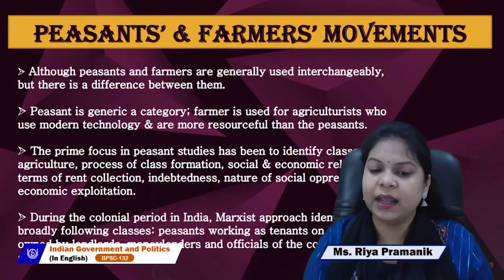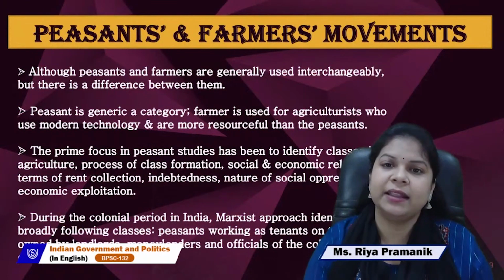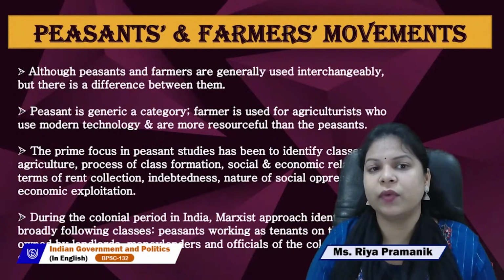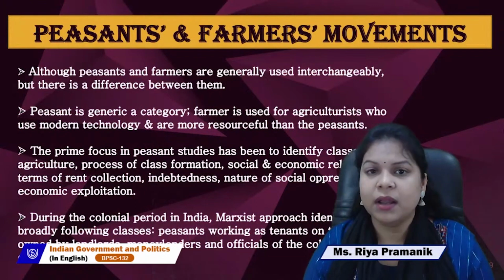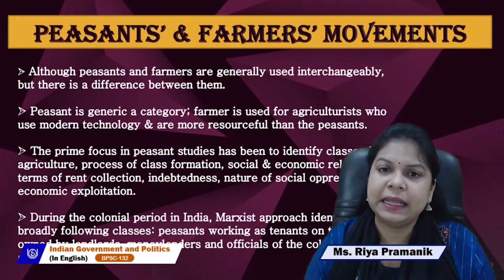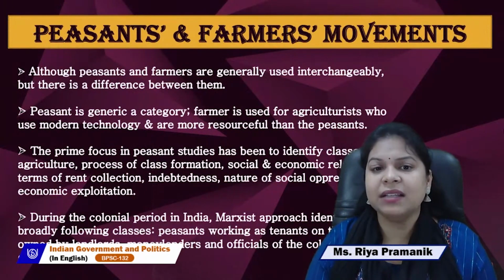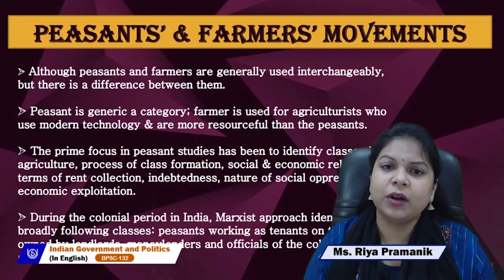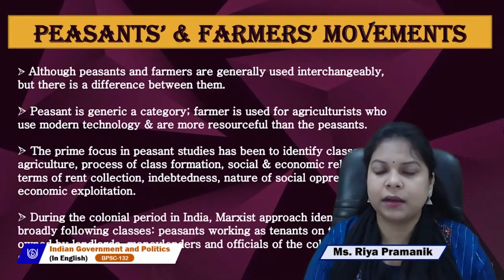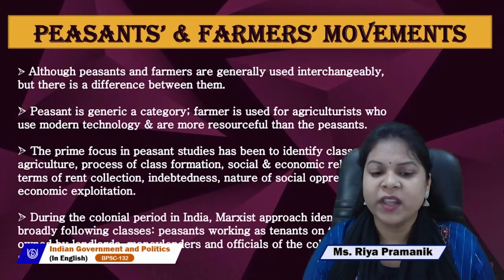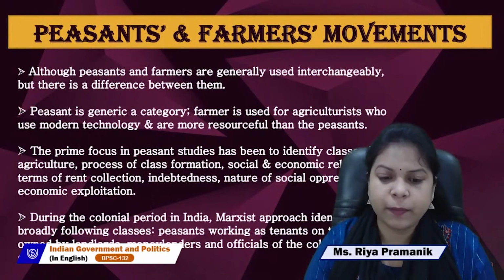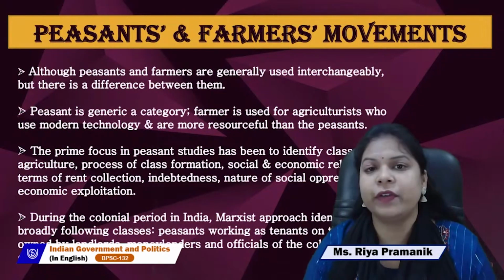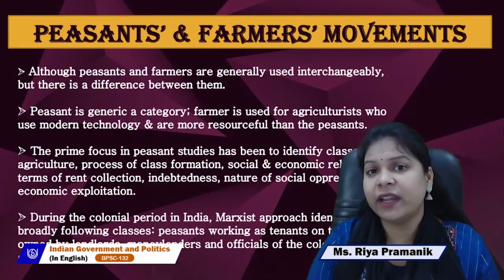But since ancient India and then before independence, we can see that these moneylenders were very exploitative in nature. They used to lend money and in return ask for a huge amount. Suppose a person is lending 50 rupees, the moneylenders used to charge 250 rupees in return, at a very high interest.